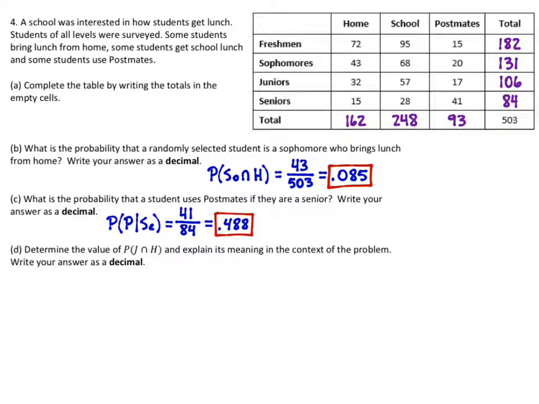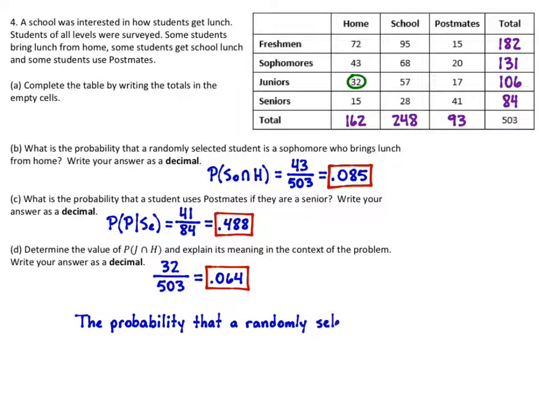And so our sample space is going to be 503. And how many of these are juniors who bring their food from home? That'd be 32. So it'd be 32 out of 503, which is 0.064. And again, the meaning is the probability that a randomly selected student is a junior who brings their lunch from home.